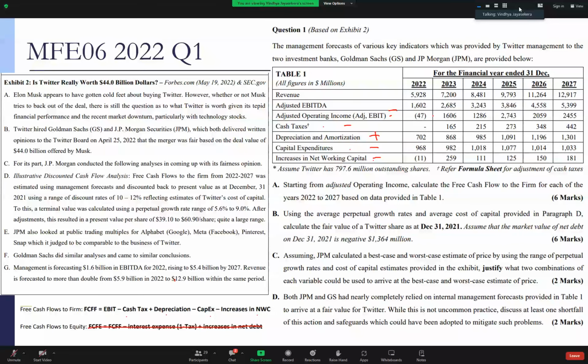So minus 47, minus 0, plus 702, minus 968, minus 11, which I'm told comes to minus 324. Minus 324, minus 1068.